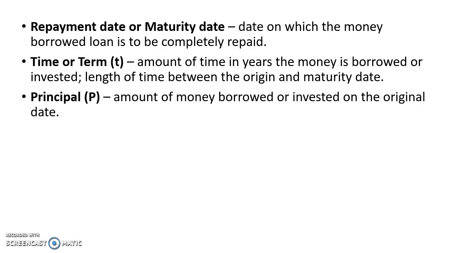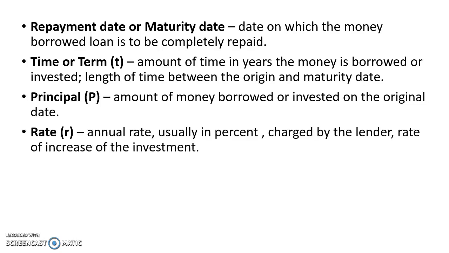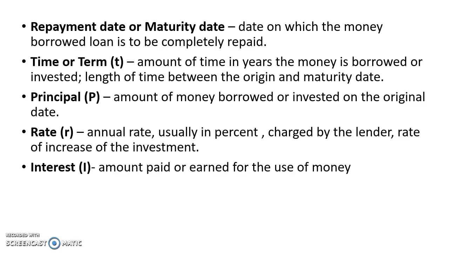Principal, denoted by capital letter P: amount of money borrowed or invested on the original date. Rate, denoted by small letter r: annual rate, usually in percent, charged by the lender, the rate of increase of the investment. Interest, small letter I: amount paid or earned for the use of money.